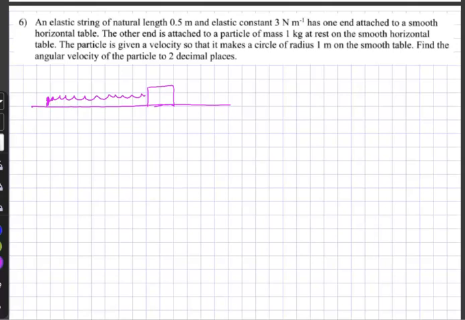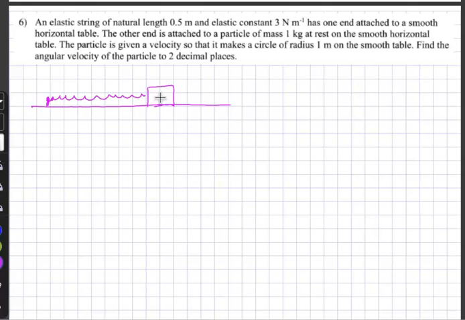So just imagine that the particle is spinning around the table. We're looking at it from the side here, but the idea is it's spinning around. Now, for it to do that horizontal circular motion, we're going to have a centripetal force, and that force is going to be provided by the spring.